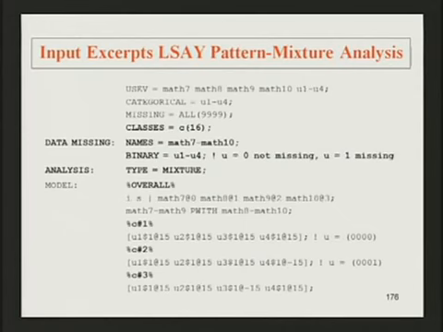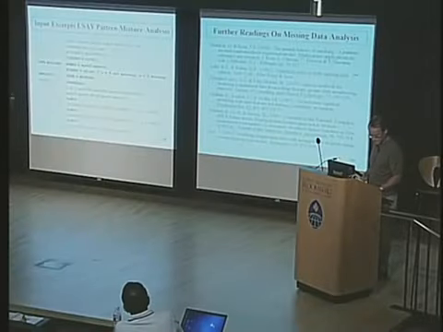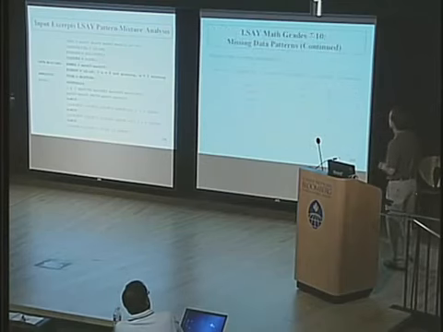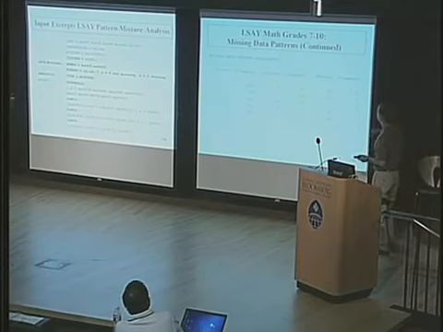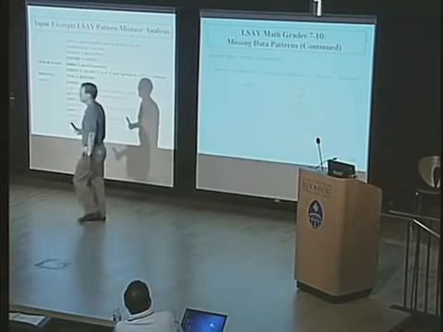Yes? Go back one more slide. I was noticing that those later patterns were very low frequency, and I was wondering how you get the estimate for the growth parameters in this class. Oh, good point.